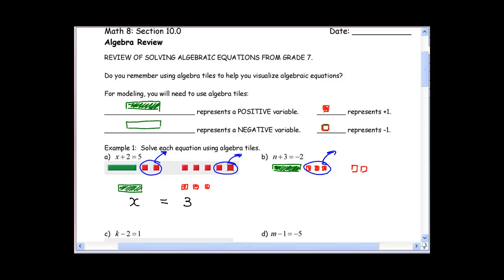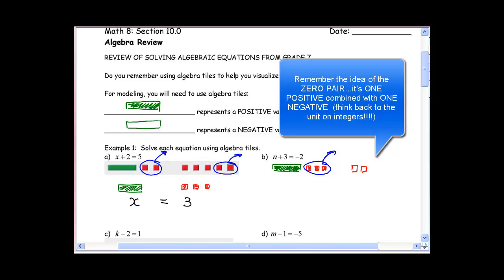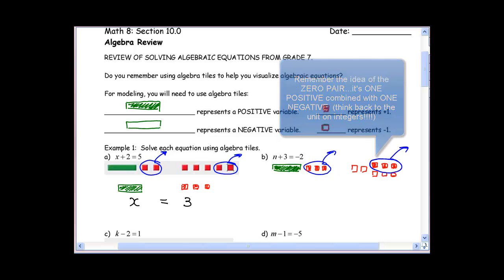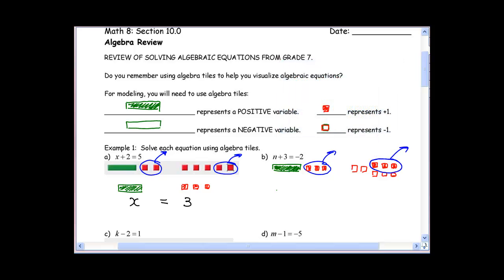Just like how we did the integers, we're going to put in some 0 pairs. Here's 1 zero pair, a positive and a negative together. I need 3 of them, so I'm going to make 3 zero pairs. Once I put them all in, now I'll have enough positives to take those away. Goodbye, goodbye. And now we're left with the following.